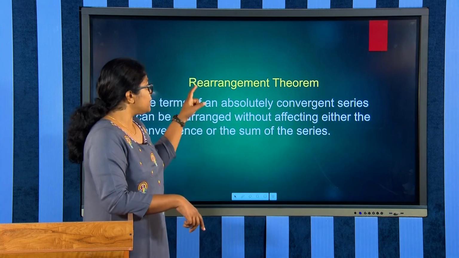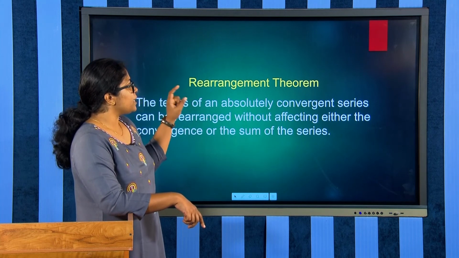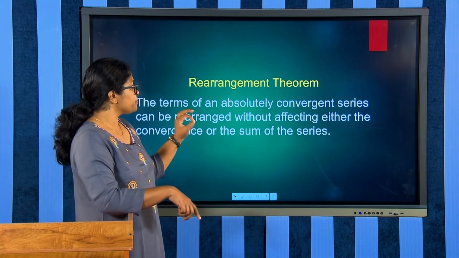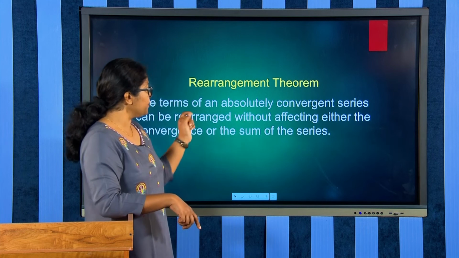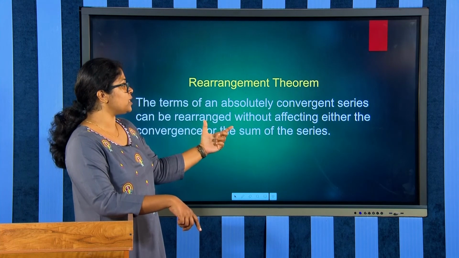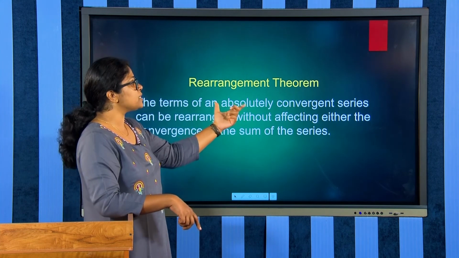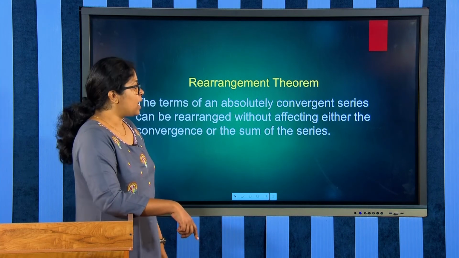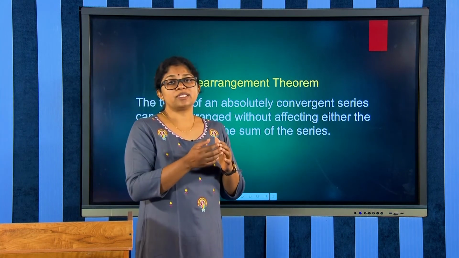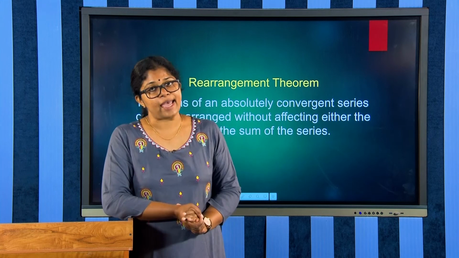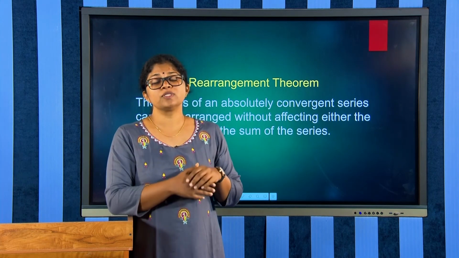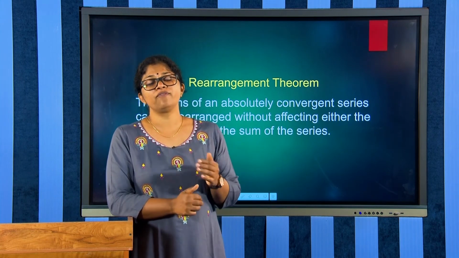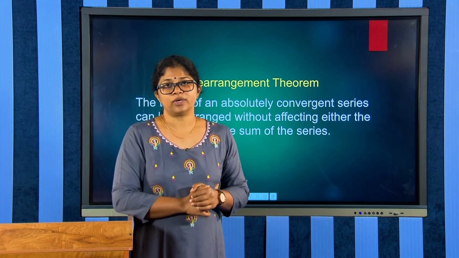The terms can be rearranged without affecting the convergence or the sum of the series only if the series is absolutely convergent. Otherwise, the rearrangements may lead to absurd answers. That is the most important reason why we are learning absolute convergence.